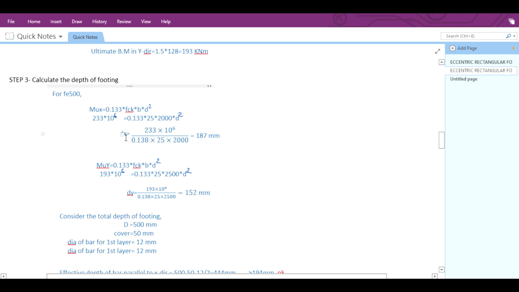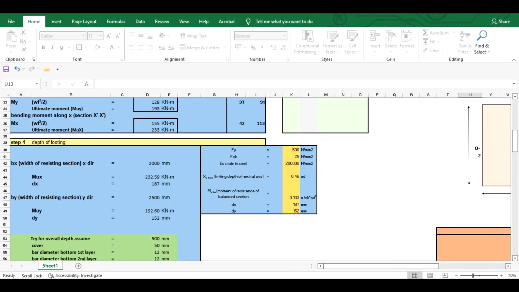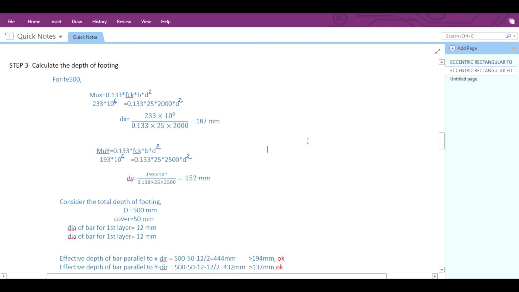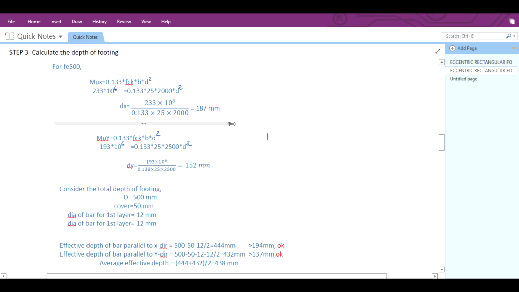So we will find that d, and by using all the values we can calculate the effective depth for x direction: 233 multiplied by 10 to the power 6 divided by 0.133 into 25 into 2000. So our effective depth for x direction will be calculated as 187 mm.